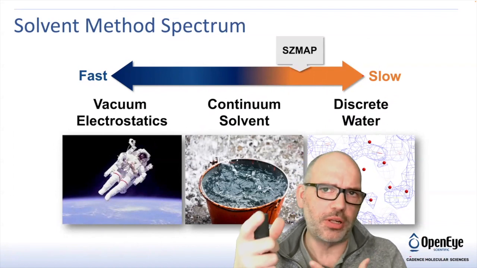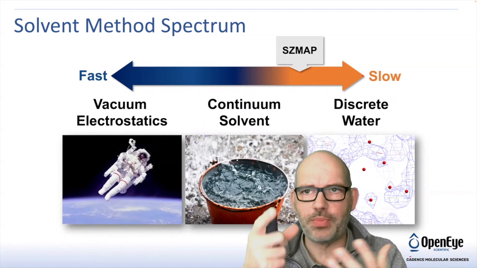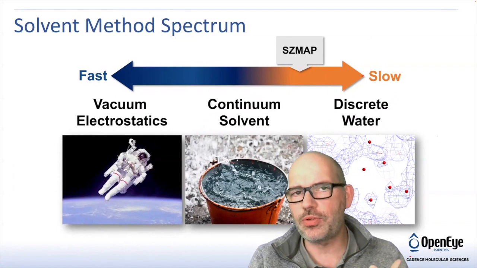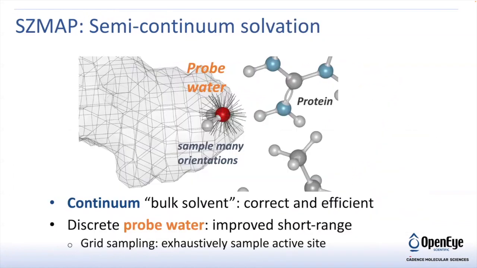Well, it kind of falls right between continuum and discrete water, because what we do is we fill an active site within the protein with a grid, and this grid is filled with continuum solvent. And on each grid point, grid corner, we place a real water molecule, the oxygen on the grid point, and the hydrogens pointing in multiple different directions.